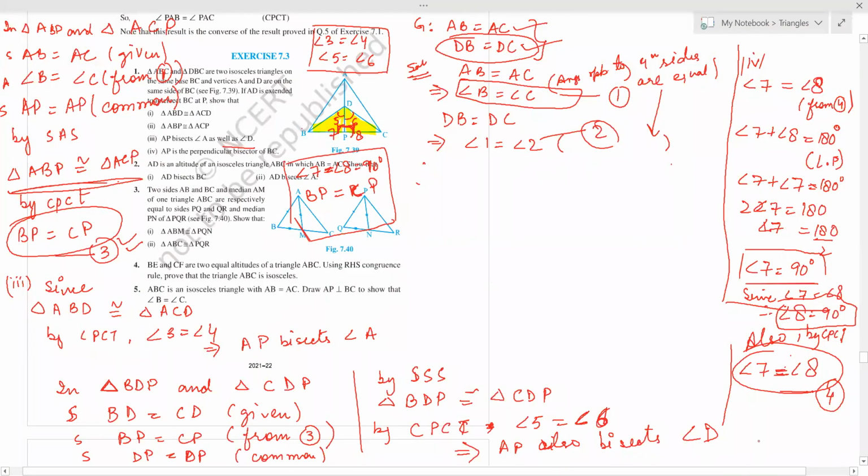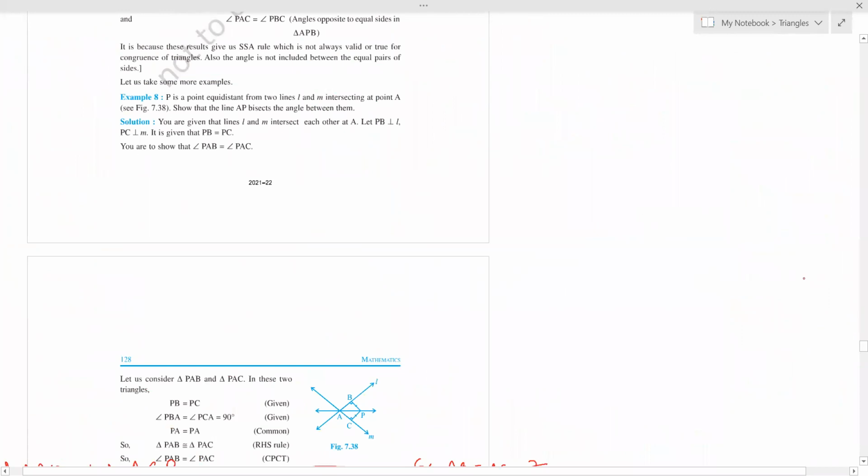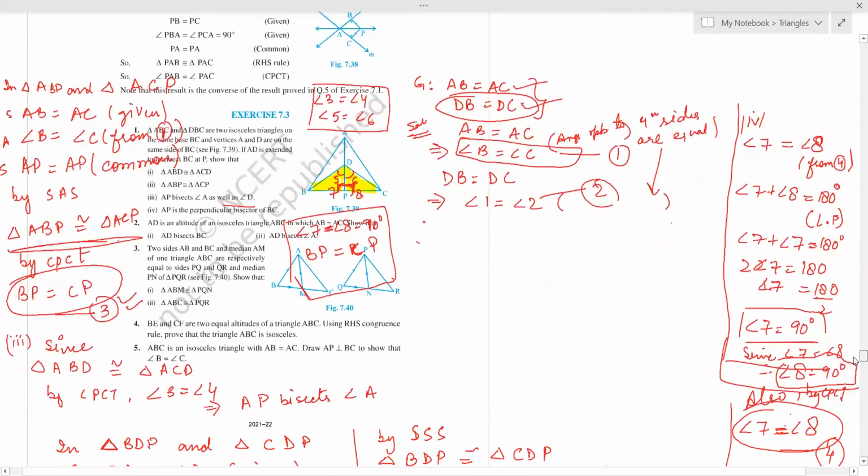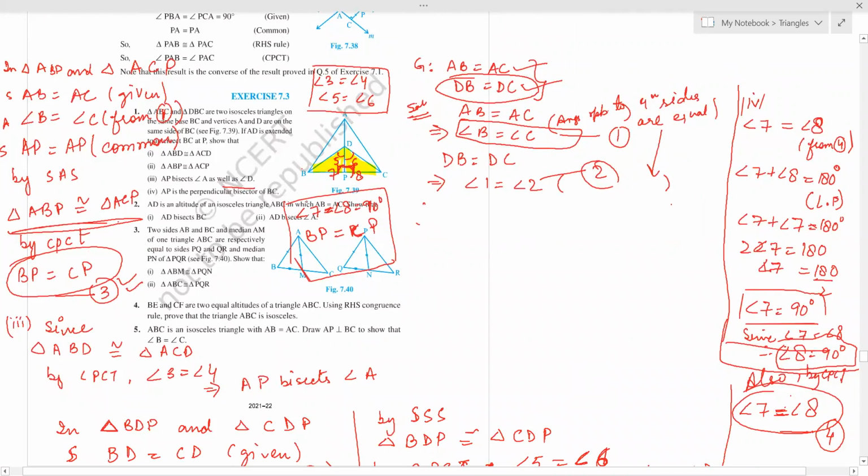Okay, so we have shown that angle 7 is equal to angle 8. This is what we have done so far. Okay, so we have shown that angle 7 is also 90, angle 8 is also 90.